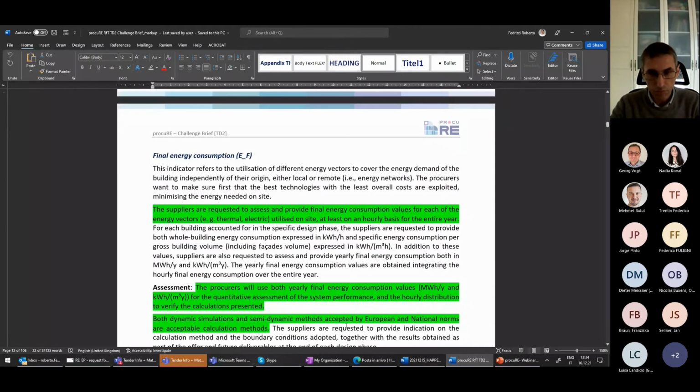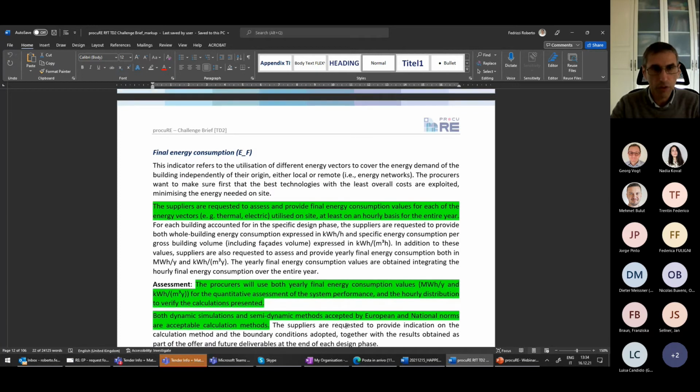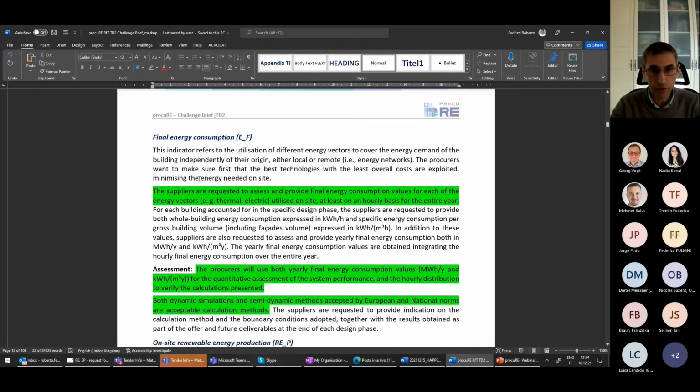And what we expect to get is basically, on the one hand, for the two reference buildings and for two climates that my colleague Federico will tell you better about in some minutes, through the approaches that you foresee to implement, what final energy consumption is expected by the end of the year.